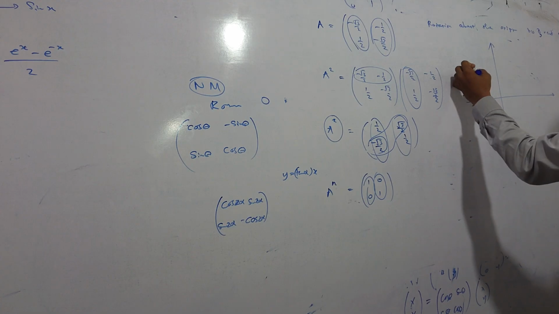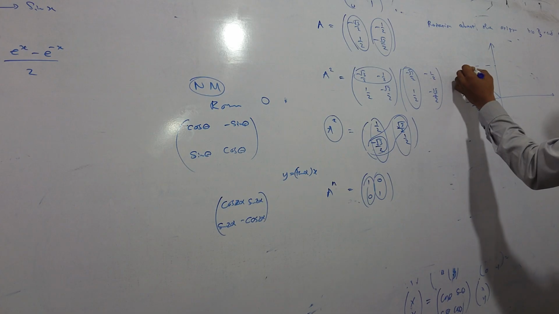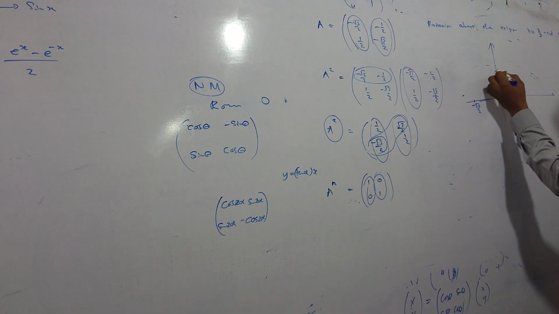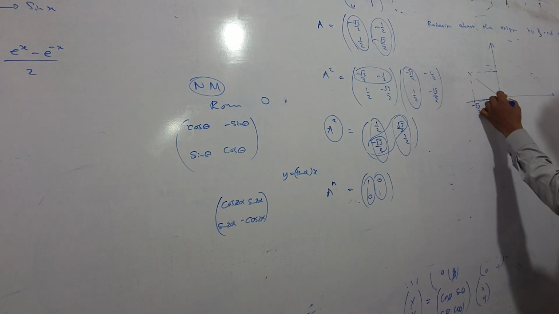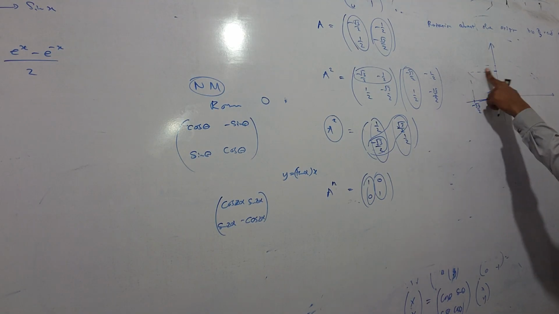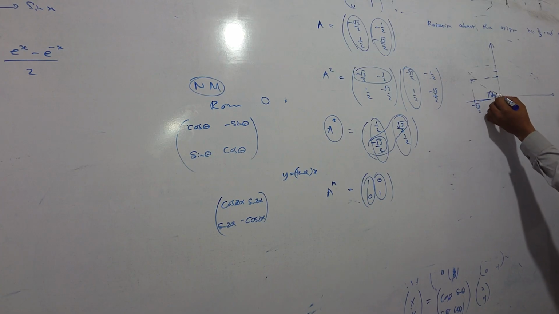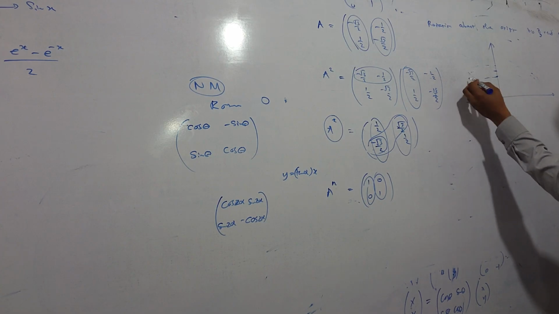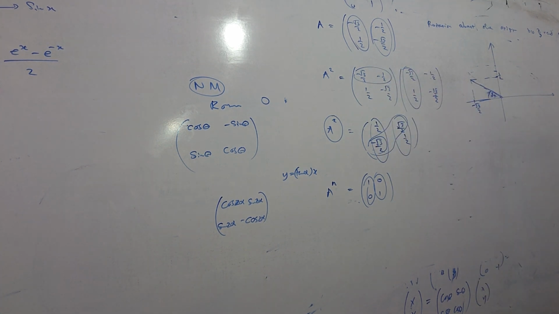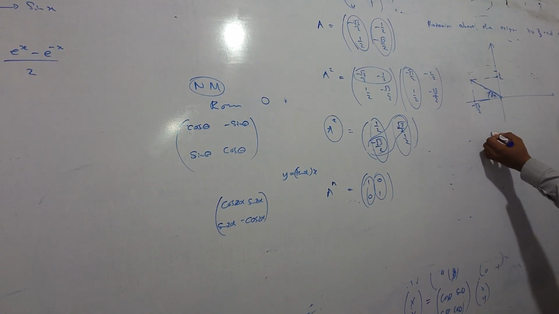Then plus half. This was 30. This is half, right? An initial point. Then what's the other one? It's negative half.